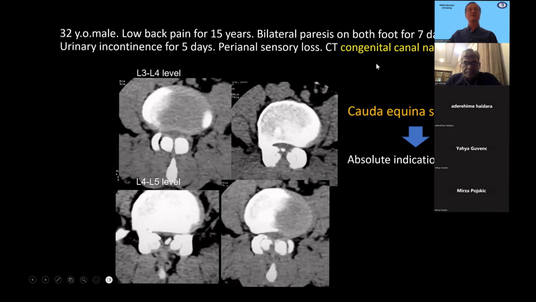This is a typical case of cauda equina syndrome I have seen in a 32-year-old, very young male. He came to me with a perianal sensory loss, and CT showed typical congenital canal narrowing with very short pedicles, and not only the AP diameter but also the lateral diameter of the spinal canal was narrow.